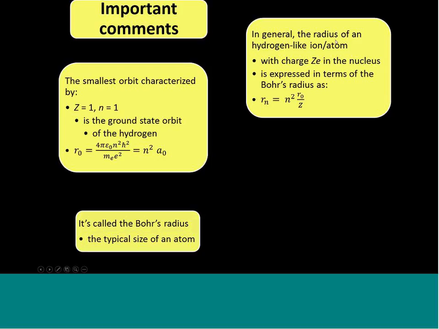The radius of electrons of hydrogen like atom, the nucleus, is expressed by n kuasa 2 dengan Z.